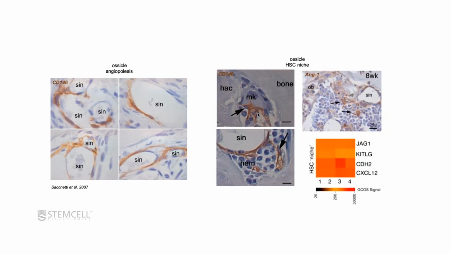You can see here human CD146 positive cells interacting with mouse megakaryocytes, and through the secretion of hematopoietic cytokines, such as, for example, angiopoietin-1, as you can see here by immunolocalization, and many other molecules, some of which are shown here in this transcriptomic analysis.